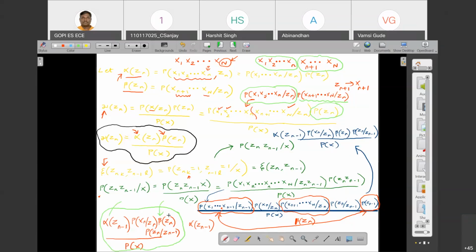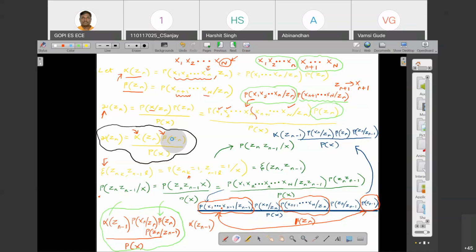Once you know the values of alpha and beta, remember alpha means not just one alpha. Alpha of Zn minus 1 means you must know all the values of z: alpha of Z1, alpha of Z2, and so on. So now the algorithm is like this.